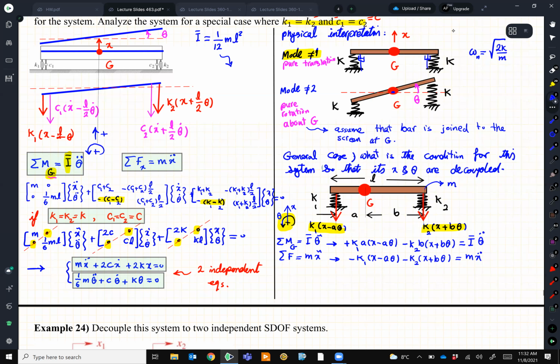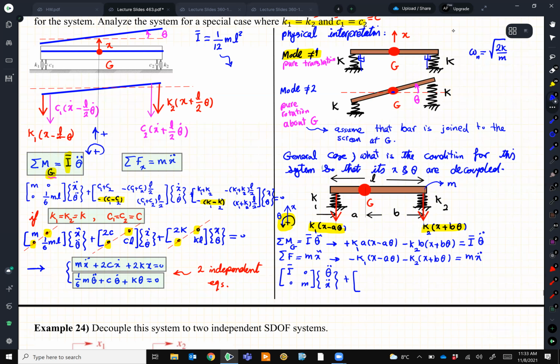Seems to be correct. Now let's put them in a matrix format. So I'm going to have I bar, and over here I'm going to have m, 0, 0, theta double dot, x double dot. Be careful about the order. This time I write the order first theta and then x.